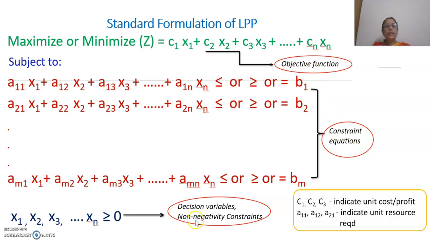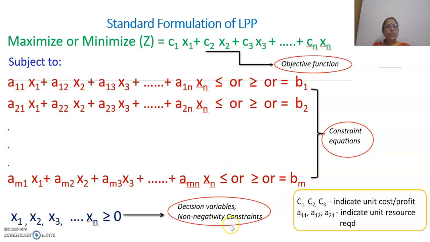So basically three elements are required. The decision variables whose values we need to identify are determined by solving the problem, and by substituting the values of the decision variable we try to optimize the objective function, which may be of the form maximization or minimization, which will be valid only if the constraints or restrictions of the problem are being satisfied.